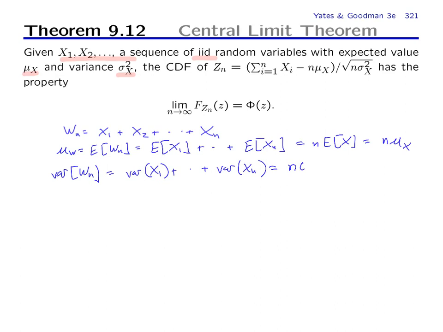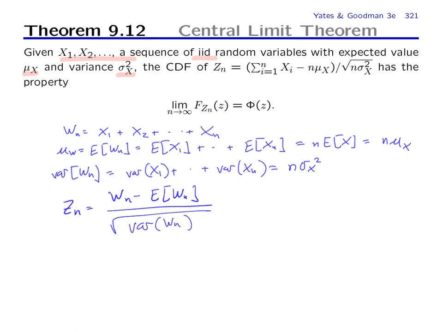So it's n times sigma_x squared because the xi's are IID and all the variances are the same. So the central limit theorem is defined in terms of Z_n, which is W_n minus its expected value, divided by the square root of the variance of W_n.